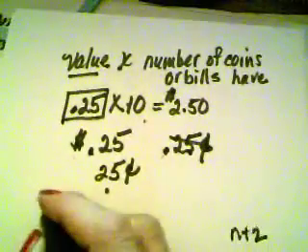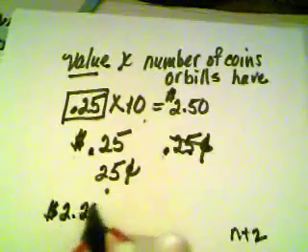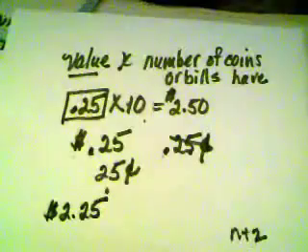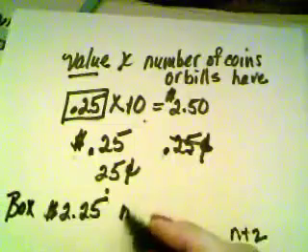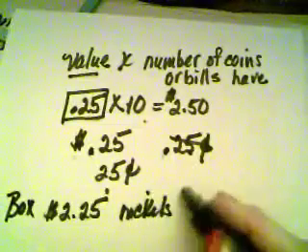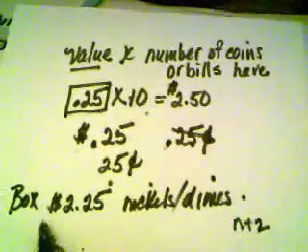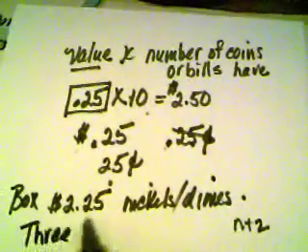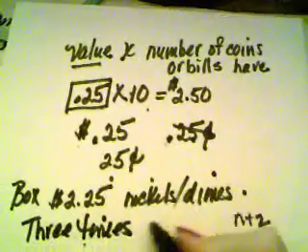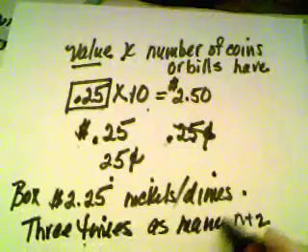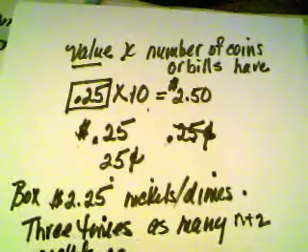So if I have a box that contains $2.25, and in that box there are nickels and there are dimes, I know that there are 3 times as many nickels as dimes.